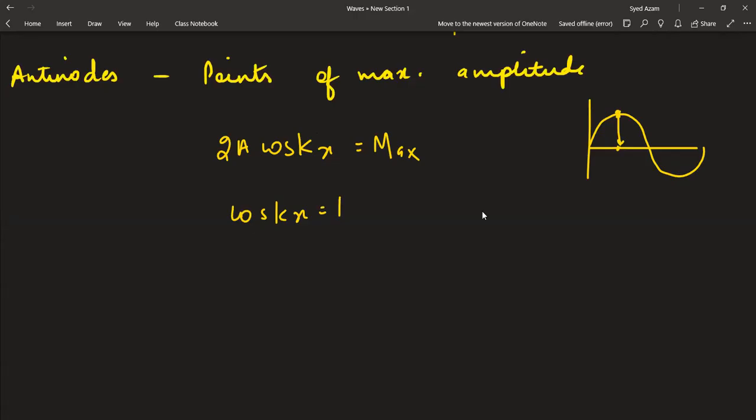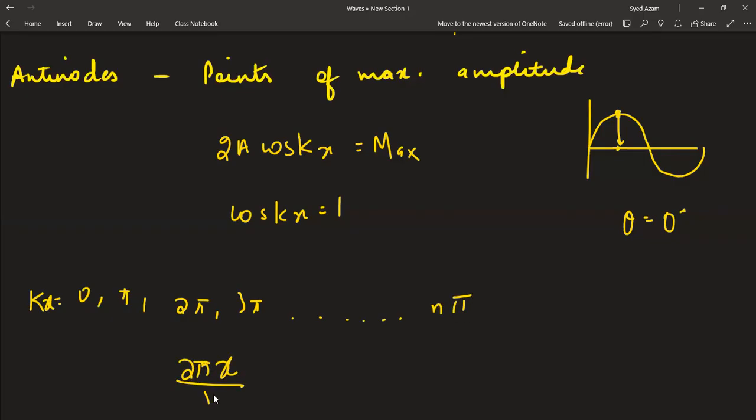When can we have cos theta as 1? Theta will be 0 degrees. So what values of kx do we have here? 0, pi, 2 pi, 3 pi, 4 pi, 5 pi, like this, simply n pi. So 2 pi x by lambda is equal to n pi this time.